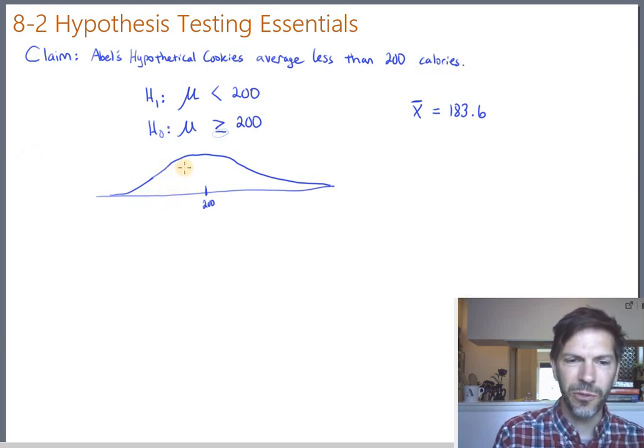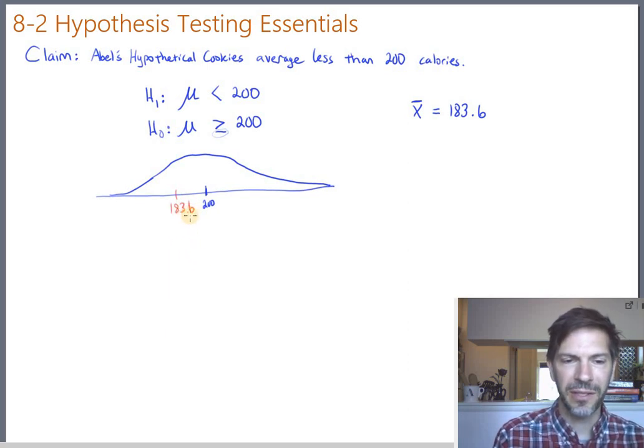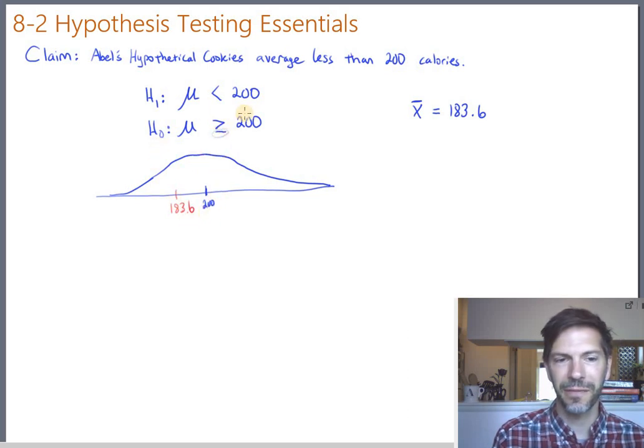So there's two possibilities here. One is that 183.6 is there on the curve. And in that case, you'd say, yeah, that's actually pretty common. If the mean is 200, if the null is true, this doesn't prove anything to the contrary. It doesn't prove the null is lying.